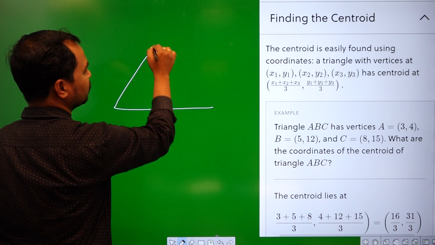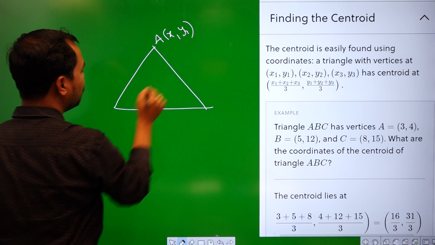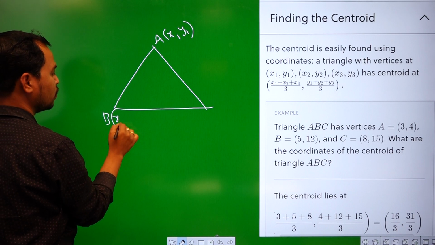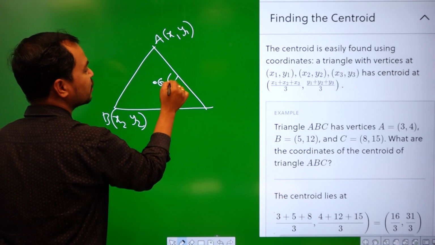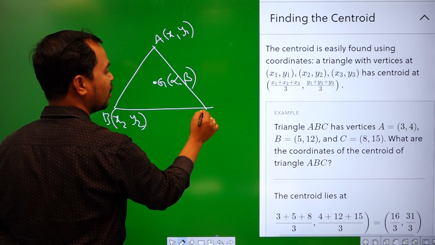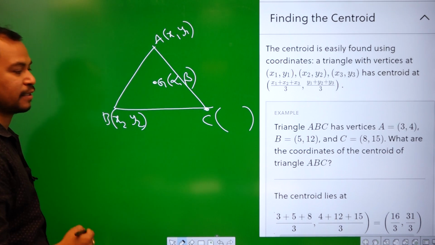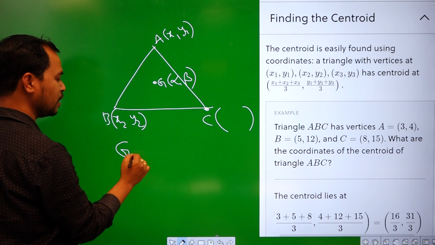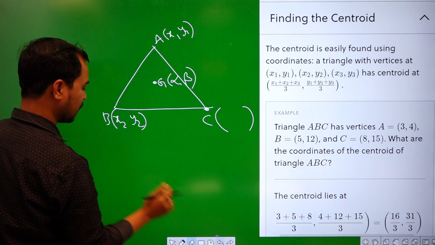Sometimes A (x1, y1), B (x2, y2) and G will also be given, for example let it be (alpha, beta), and they will ask to find the missing vertex C. As you know, G is equal to (x1 plus x2 plus x3 by 3, y1 plus y2 plus y3 by 3).